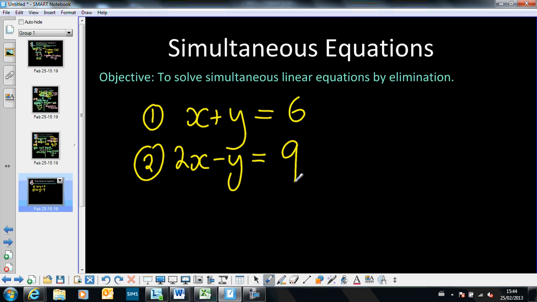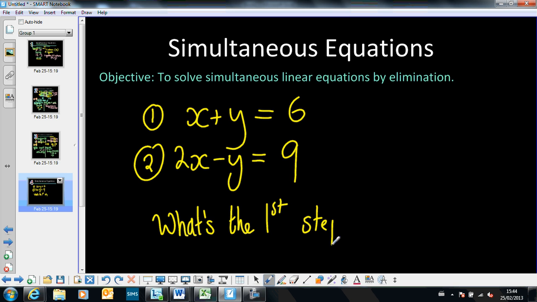What would be the first step to eliminate y? Think about how this equation is different. What's the first step?